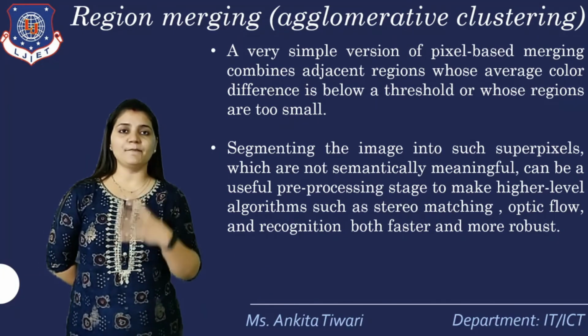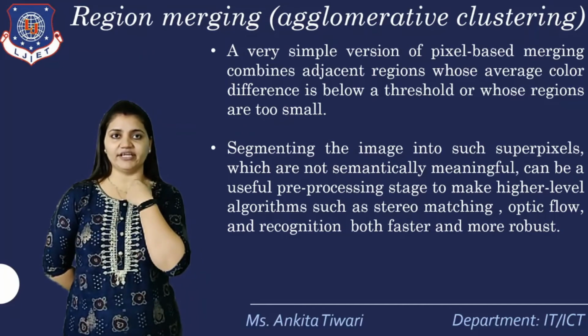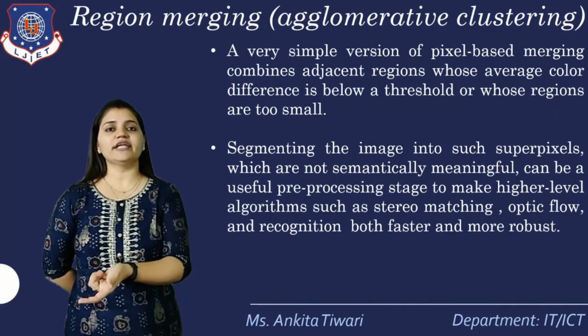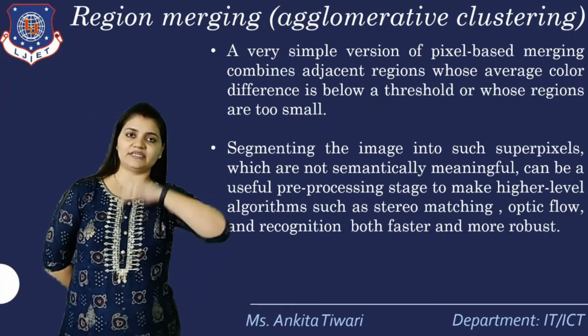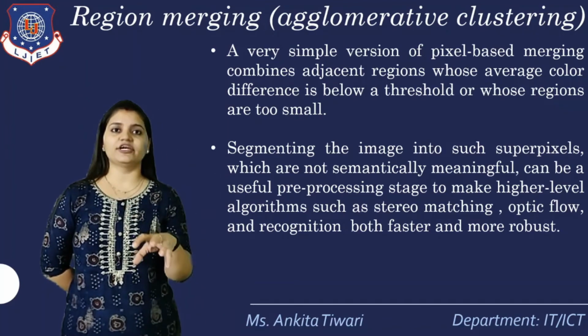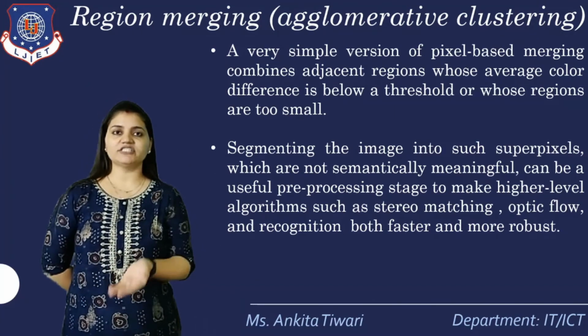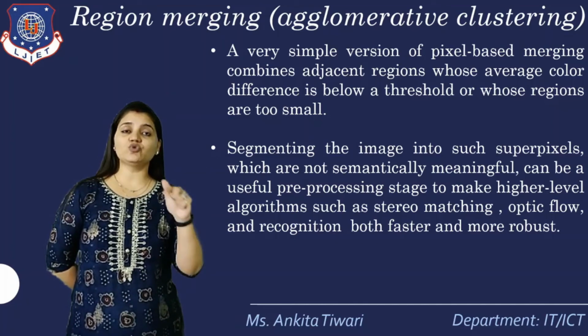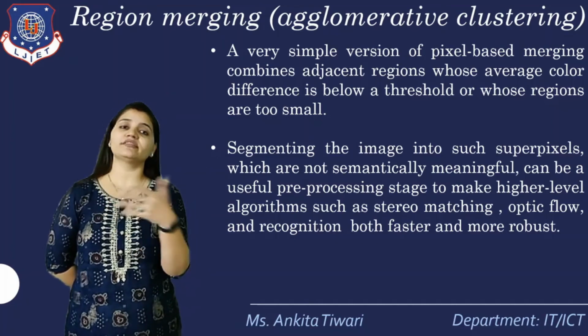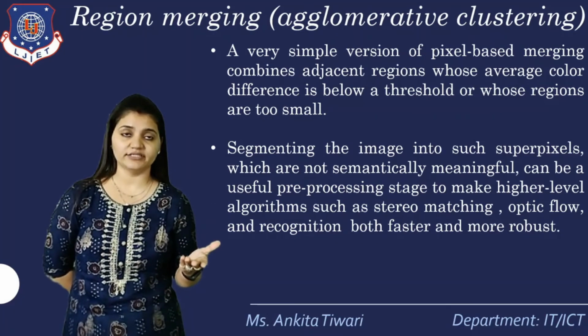Pixels are combined with the adjacent regions, where we take the neighboring pixel positions as the boundary, and relative to those boundary positions we find the average color, which should be below a threshold that we select initially.